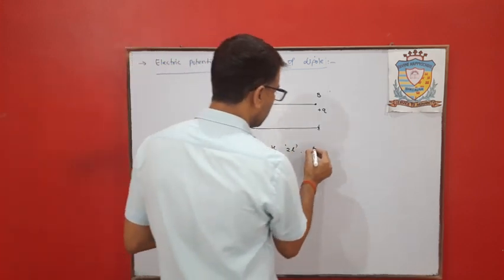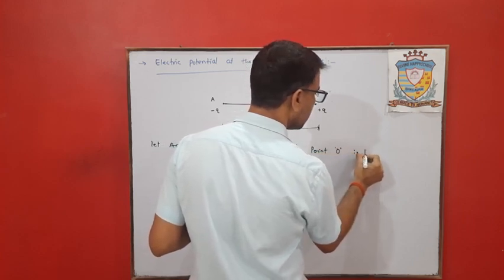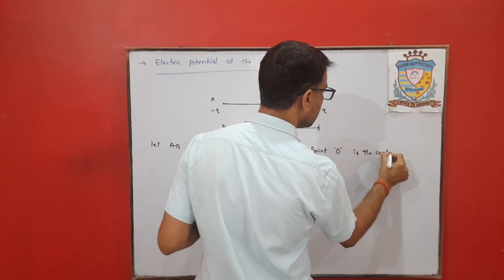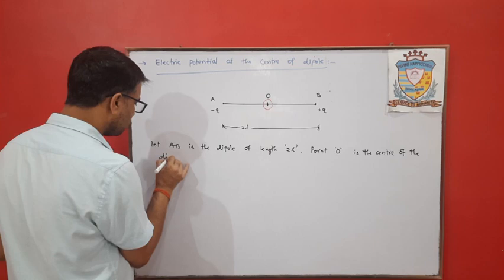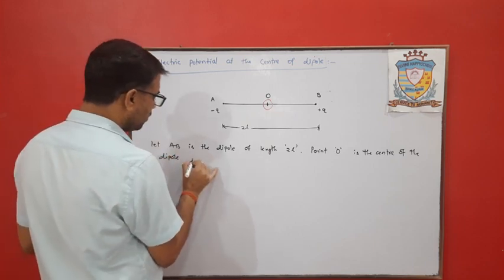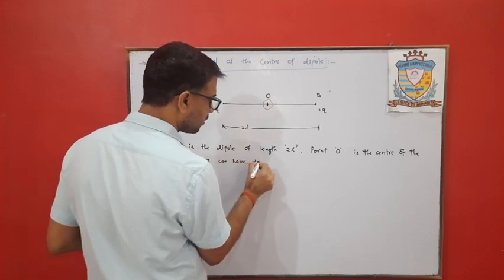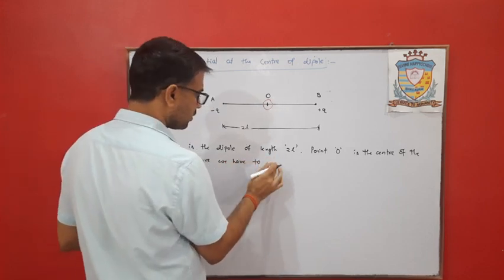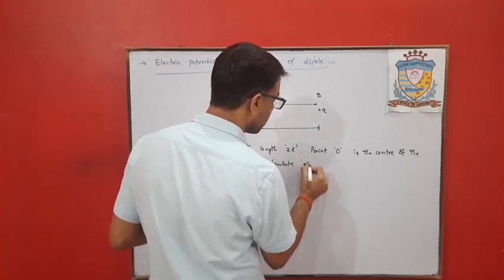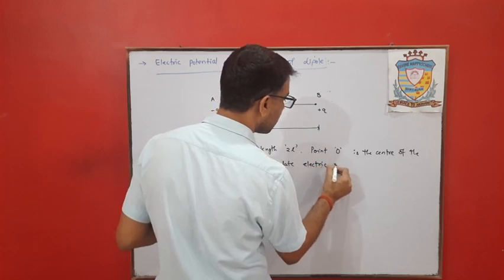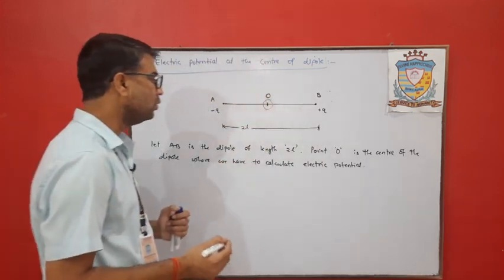Point O is the center of the dipole where we have to calculate the electrostatic or electric potential due to these two charges.